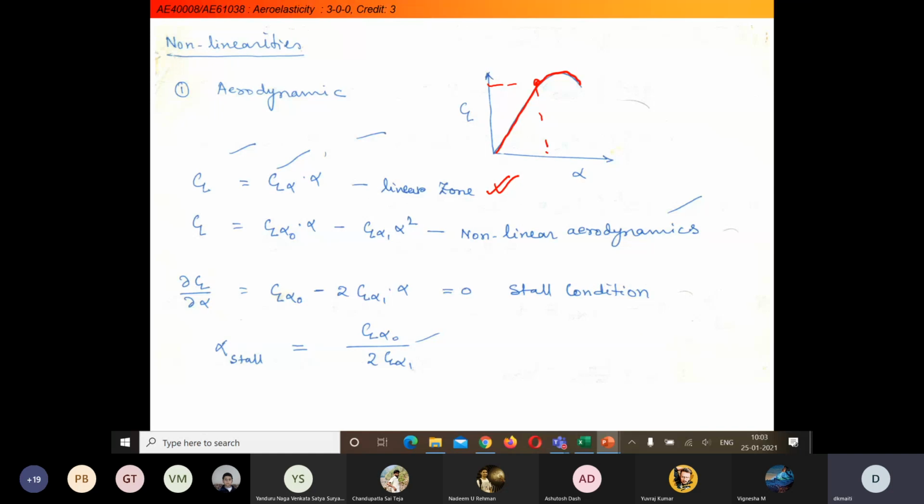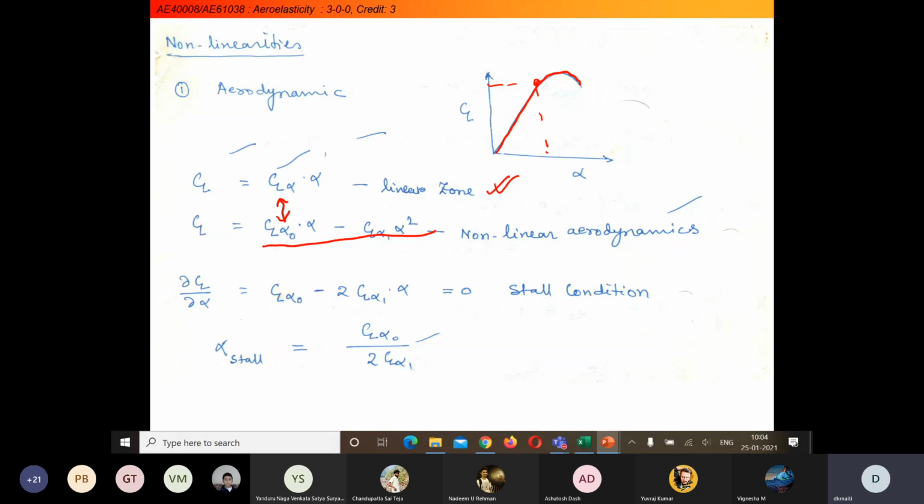So we have to take some nonlinearity in our aerodynamic calculation. As you look at this curve, CL is decreasing with increasing alpha, so we take a nonlinear term like this: CL naught into alpha minus CL alpha 1 multiplied by alpha square.